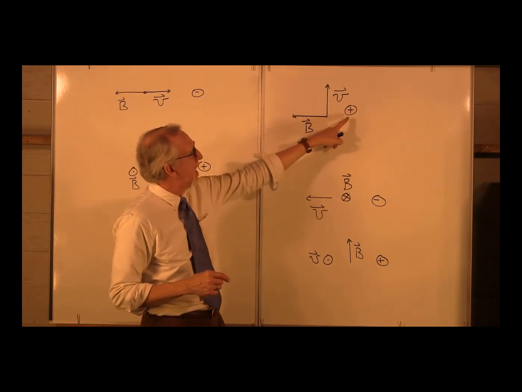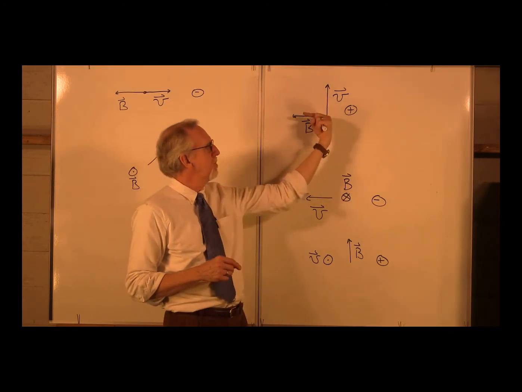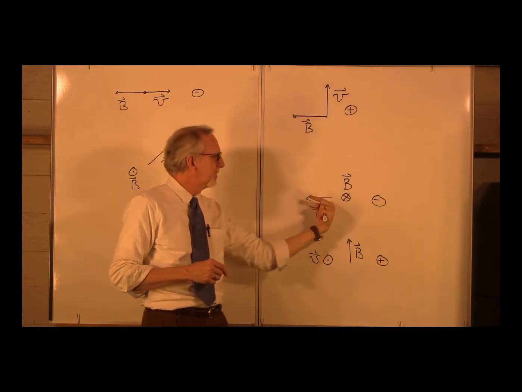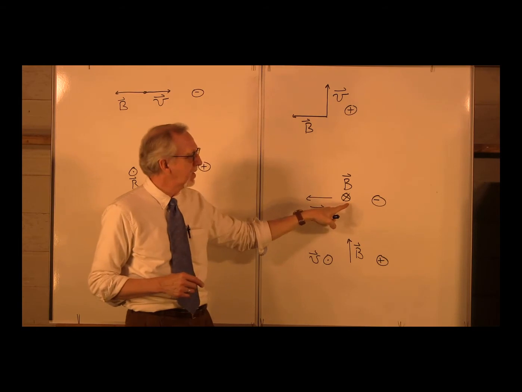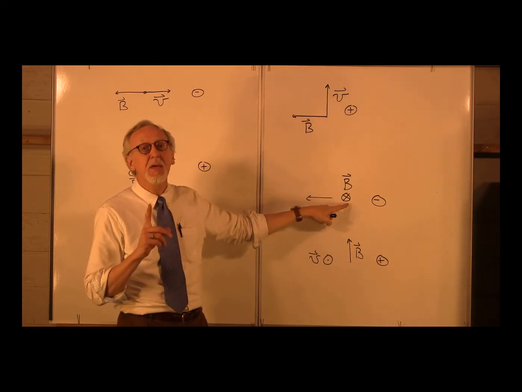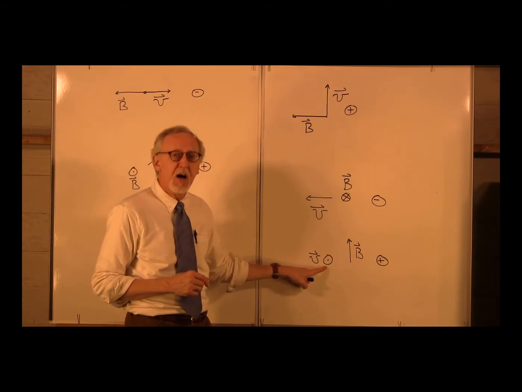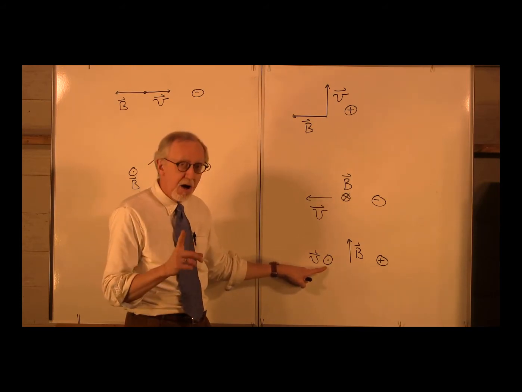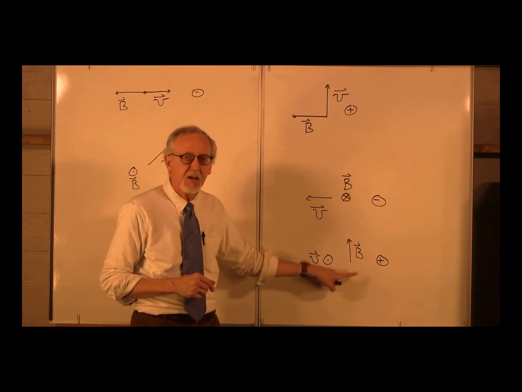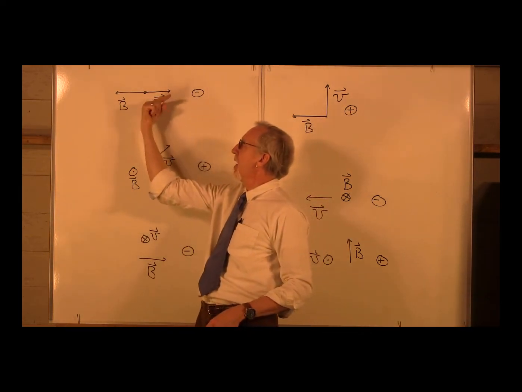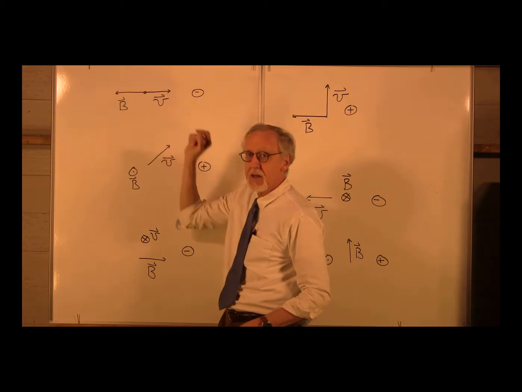This one is a positive charge, velocity this way, magnetic field this way. This one is a negative charge, velocity this way, magnetic field, what direction is that? Into the board. This one, a positive charge, velocity, what direction is that? Out of the board, magnetic field up. This one, negative charge, velocity that way, magnetic field that way.